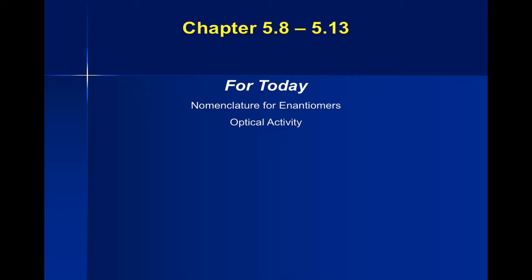So today we're going to continue on in Chapter 5, and we're going to talk about stereoisomers some more, right? So how does a stereoisomer differ from a constitutional isomer? Yeah, so when we're talking about a stereoisomer, we're talking about how the atoms are oriented in space, not how they're connected, right, in terms of like a constitutional isomer.